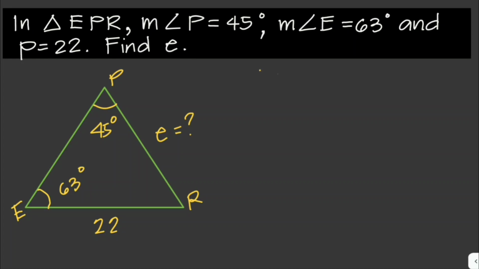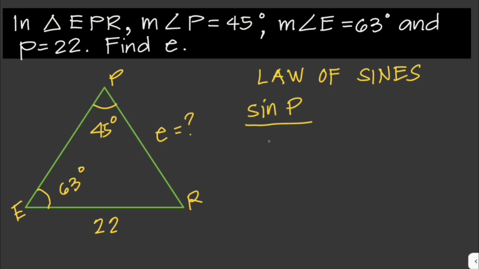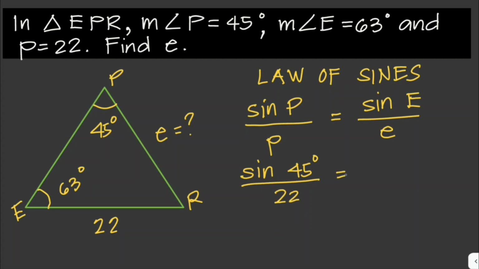So in this case, we can use the law of sines. So that is sine P over p equals sine E over e. And then we can plug in the given values. So this is sine 45 degrees over 22 equals sine 63 degrees over e.